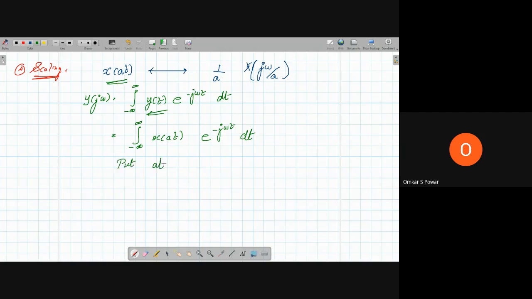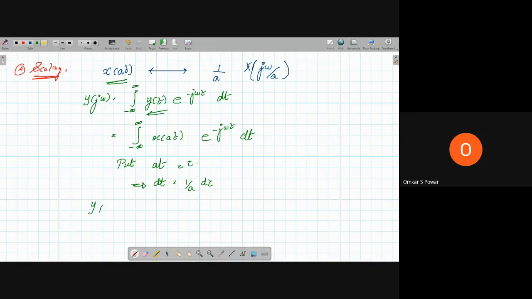What happens here is you differentiate with respect to tau on both the sides. So dt is equal to 1 by a into d tau, because if you keep a on the left side, dt by d tau is equal to 1. So dt will be equal to 1 by a into d tau.